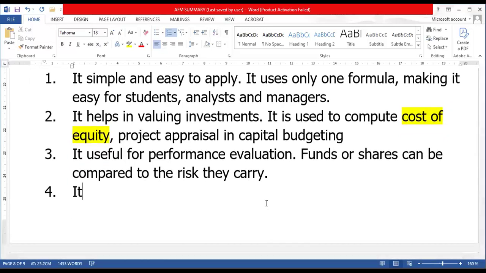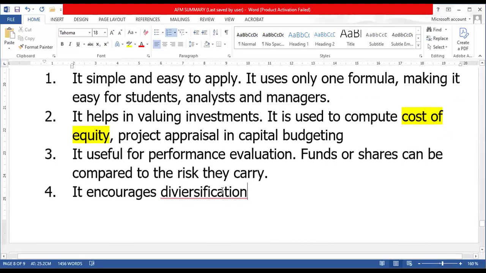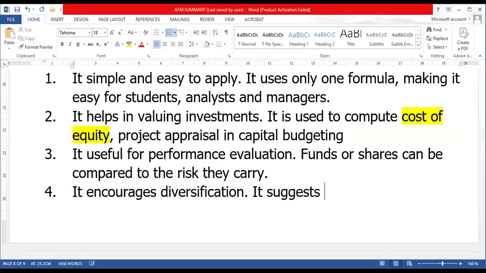It encourages diversification. That is another point you can put. CAPM suggests that investors need to hold efficient portfolios.